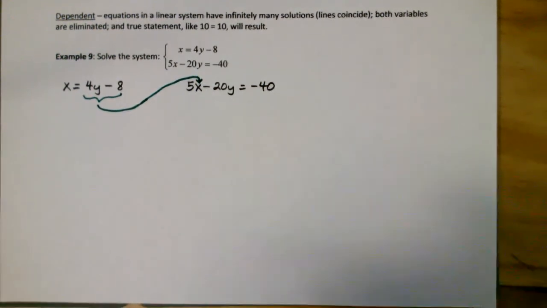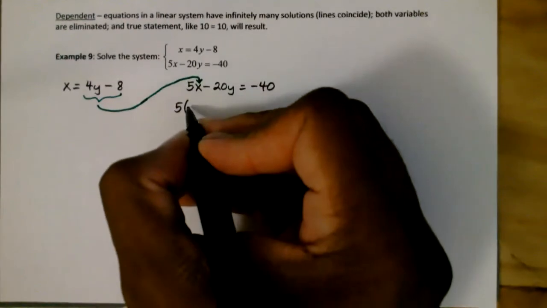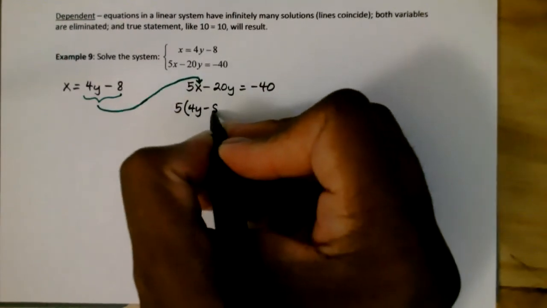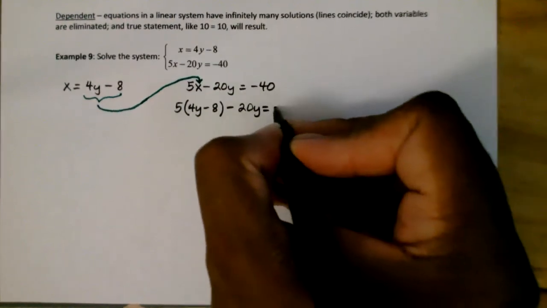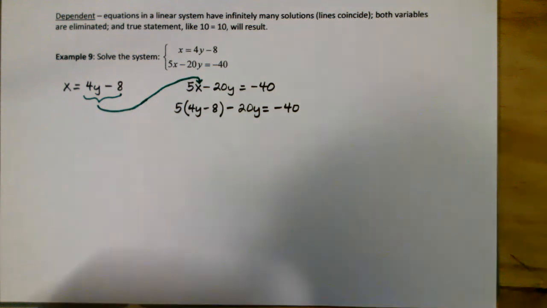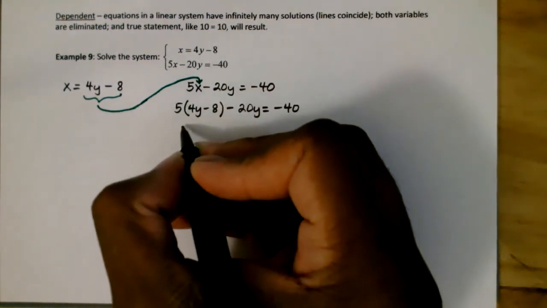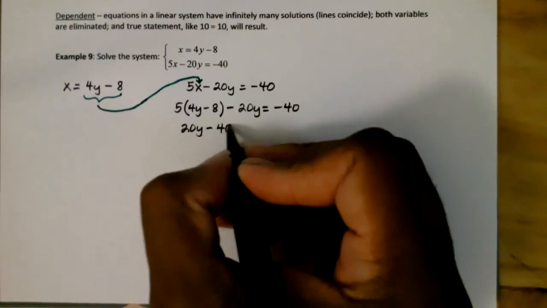So in this case, I got 5 times, and I'm substituting the x with 4y minus 8. Then minus 20y equals negative 40. And then simplify it by combining like terms. 5 times 4y will be 20y. Minus 5 times 8 will be 40.